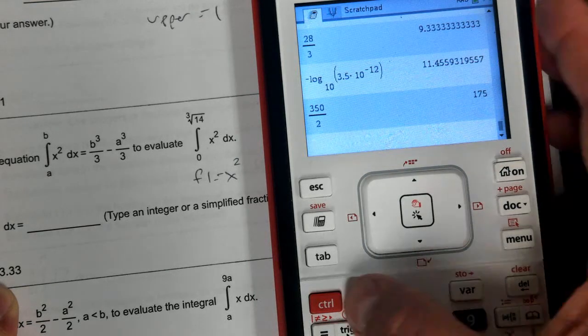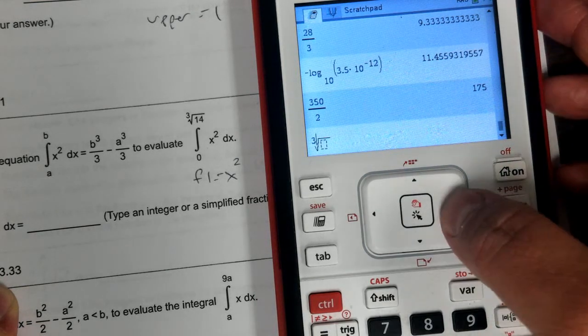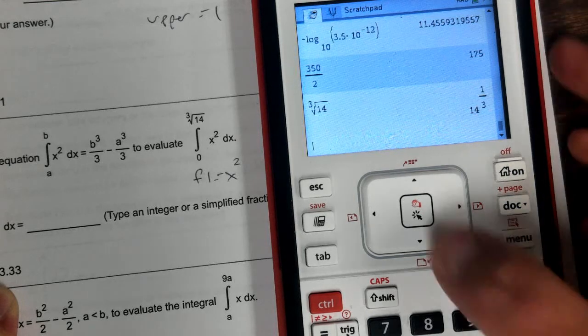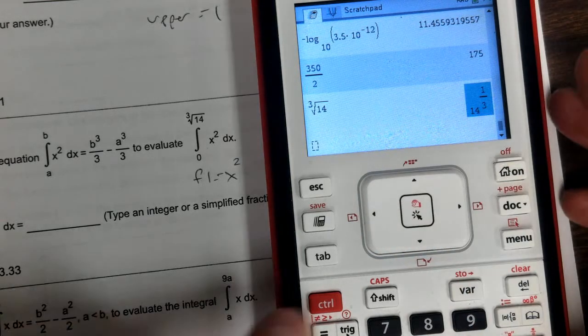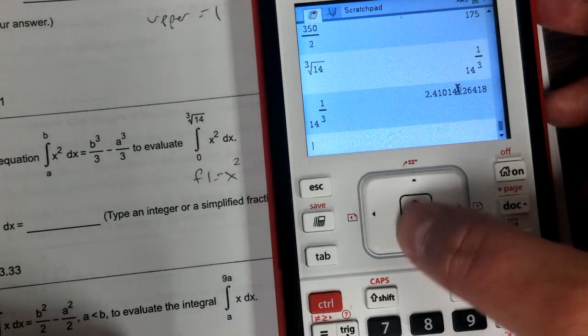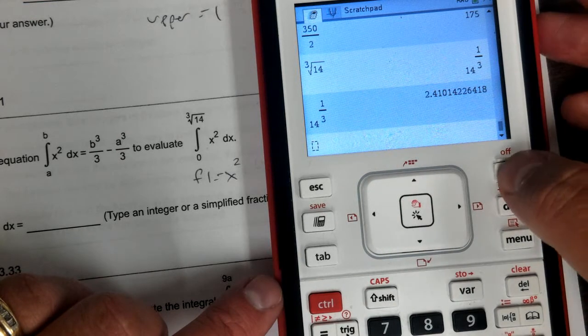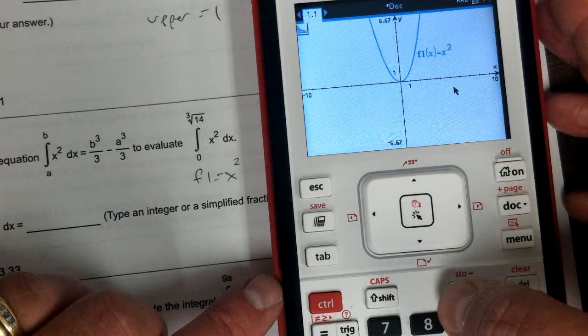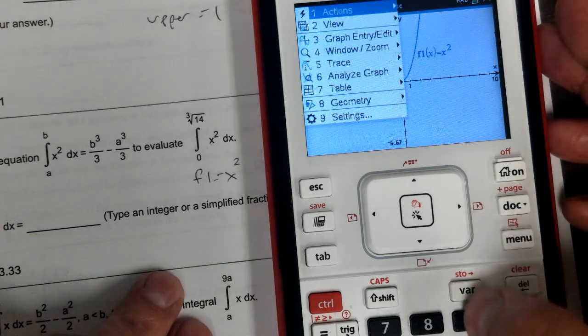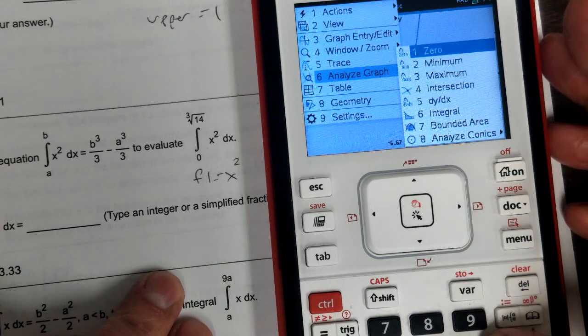So if we go to nth root and put 3, 14, I need this as a decimal. Copy. Analyze integral.